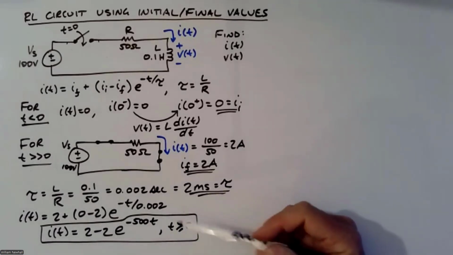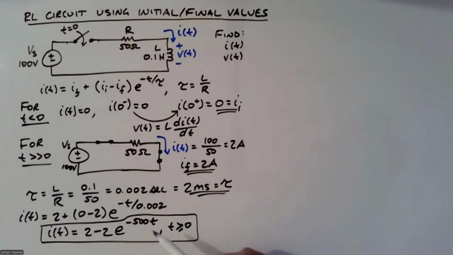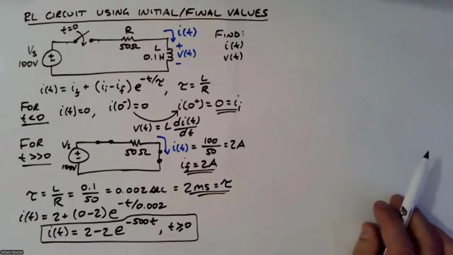And t greater than or equal to 0 even handles the case where t is much greater than 0, because if you make t 1,000 seconds or whatever, you get e to the minus 500,000, which is going to be almost 0, which means i of t should be 2, and it is.